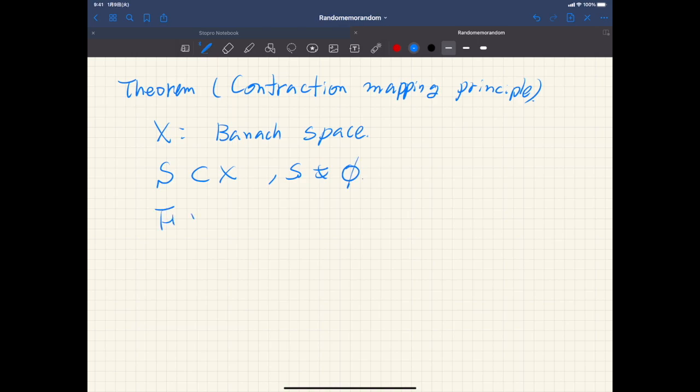And we have a mapping F from S to S, which is a contraction. So these are all assumptions. Then there exists a unique fixed point.